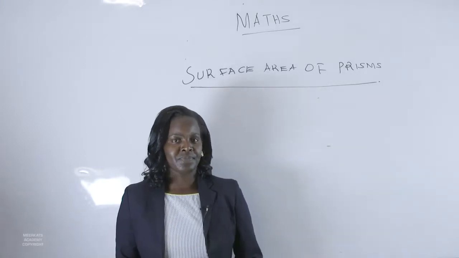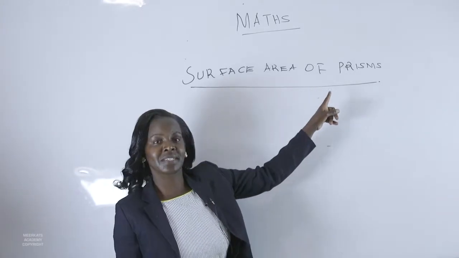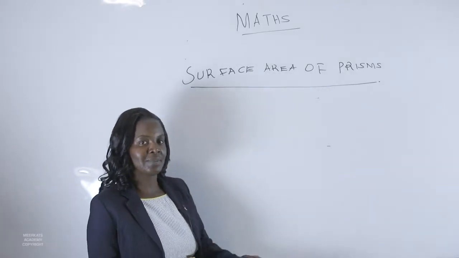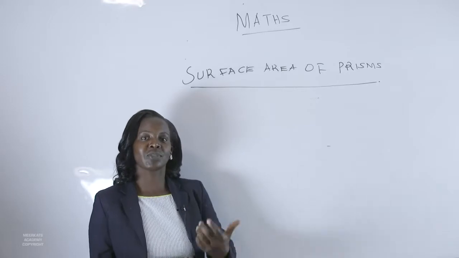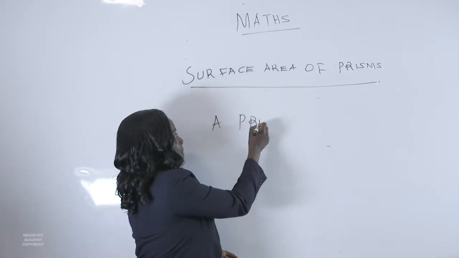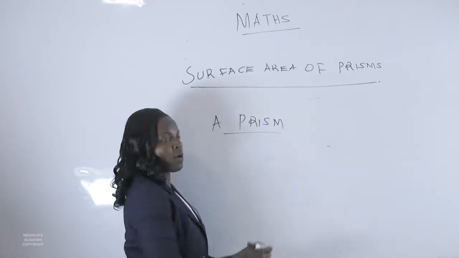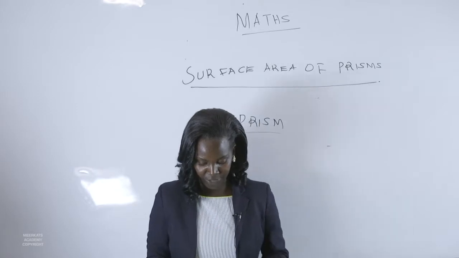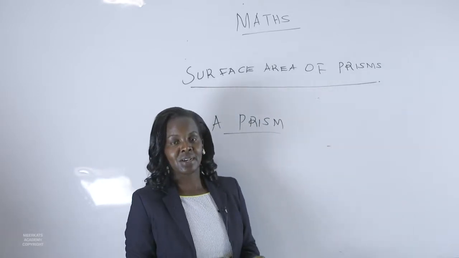And what is a prism? Because we are going to look at the surface area of the prism. Before we look at how to determine the surface area of a prism, let us try to understand this term, prism. What is a prism? That is the definition. A prism is a polyhedron with constant cross-section.